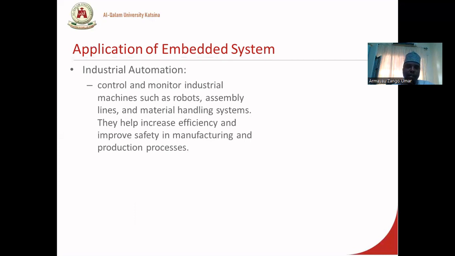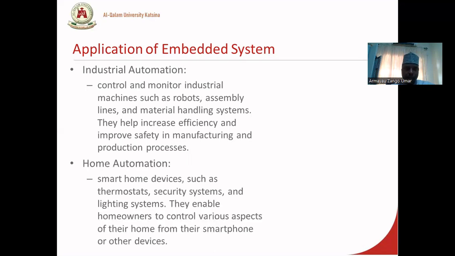We also recently have applications of embedded systems in industrial control or automation, where you have robotics taking over the jobs of human beings, such as in assembly lines and material handling. In this case, they improve efficiency and also safety, because human beings are no longer involved in dangerous activities.